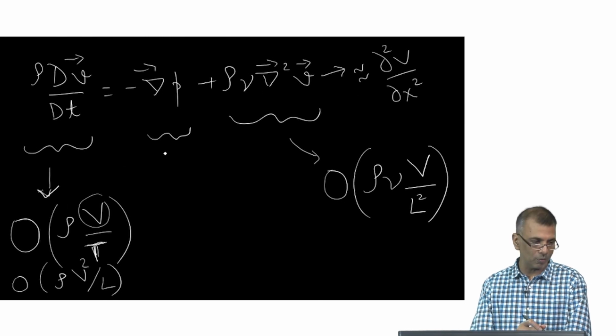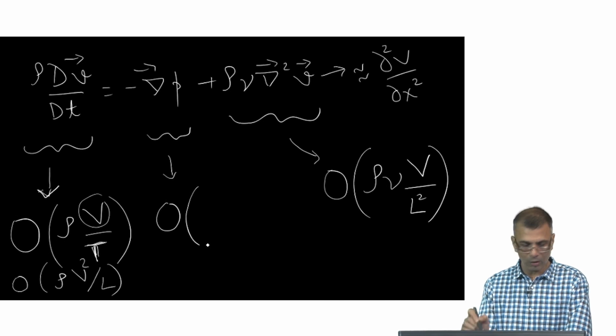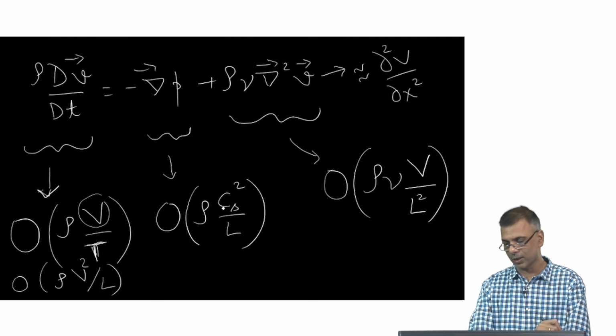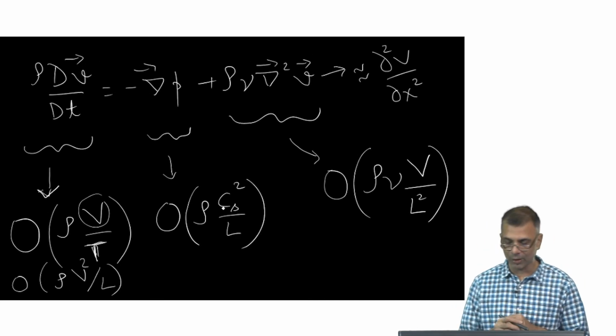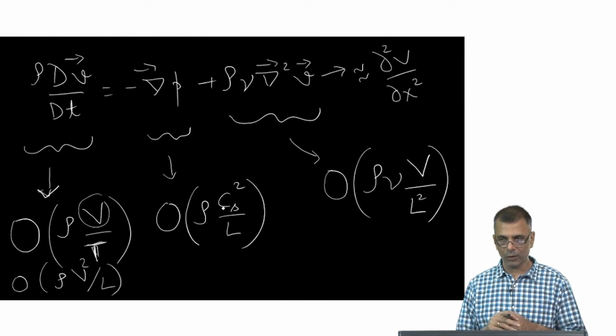What is this roughly of the order of? I claim that this is of the order of rho... Well, I'm introducing a new term called cs squared, which is the speed of sound. We will discuss the speed of sound in some detail a little later. This is something that's central in fluid dynamics.